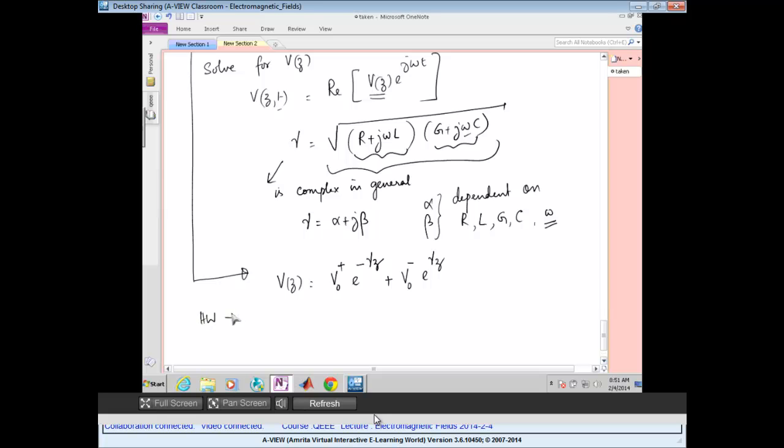The homework for you is to substitute this assumed solution, this proposed solution, V(z), in the second order differential equation and find out whether it satisfies the equation.